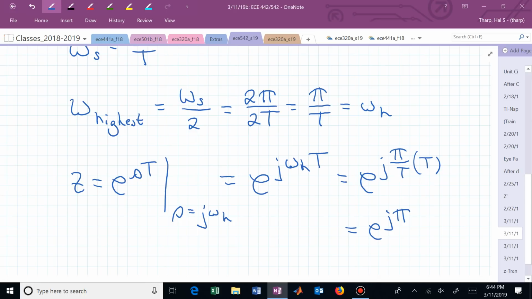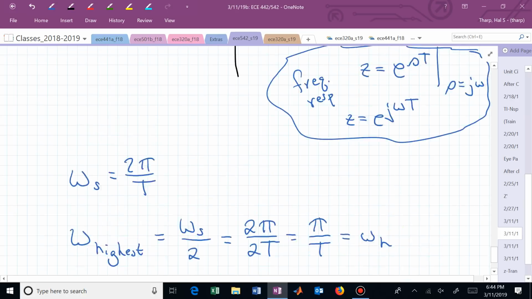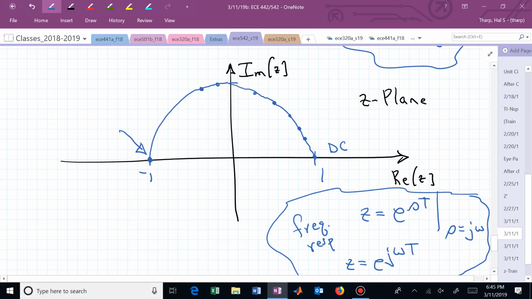Using Euler again, that's cosine of pi, which is -1, plus j sine of pi. What's sine of pi? 0. So this is now -1. That now says our highest frequency right here, omega sub h, is pi over T, which is omega sub s over 2. So as high as we can go in frequency is from 0 up to pi over capital T when we sample, in terms of the frequencies that we can see.